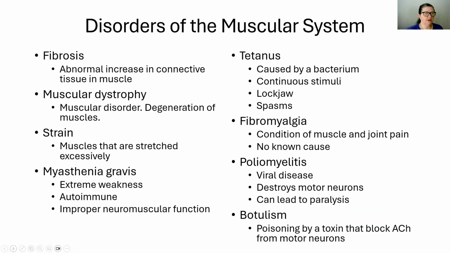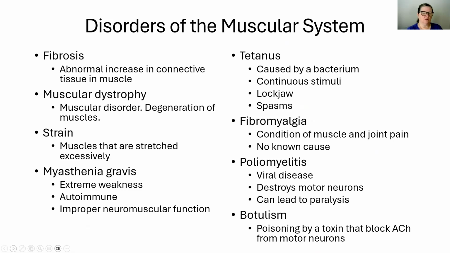There are various disorders of the muscular system. These are just a few of probably the more common types that you would see if you worked, for the majority of these, in pain and spine offices, possibly neurology, depending on what the source of these issues are.